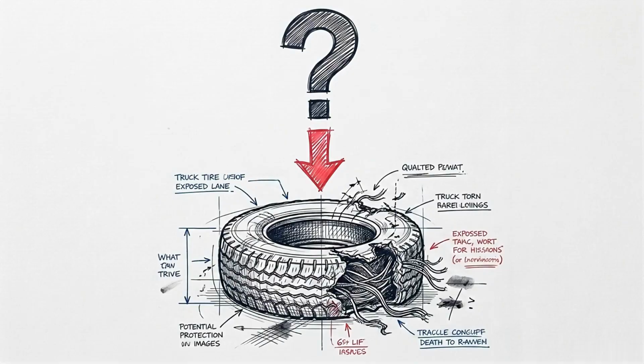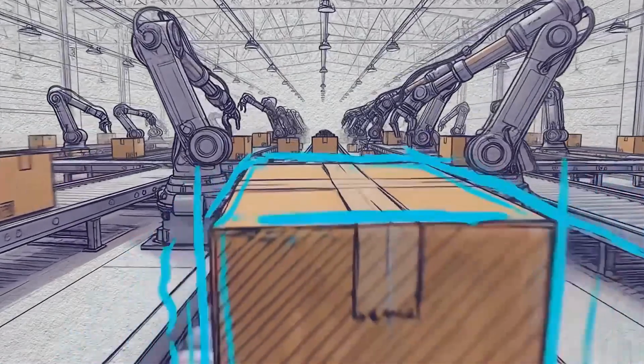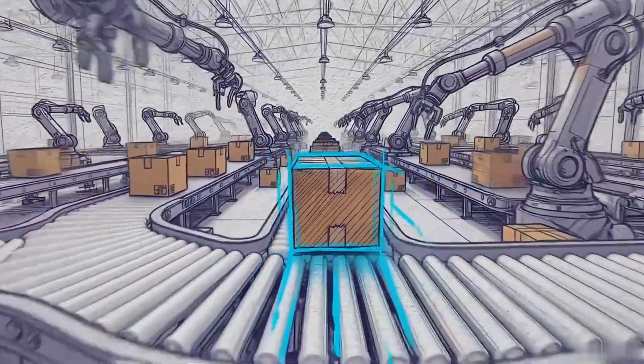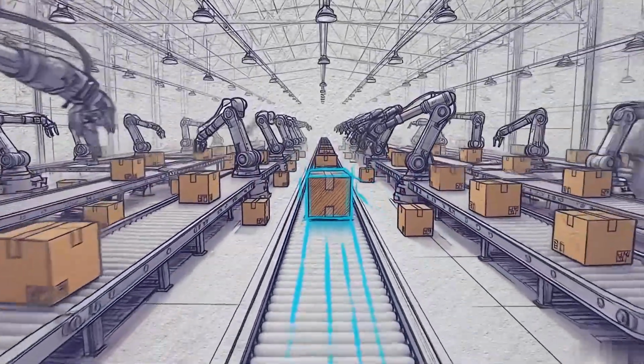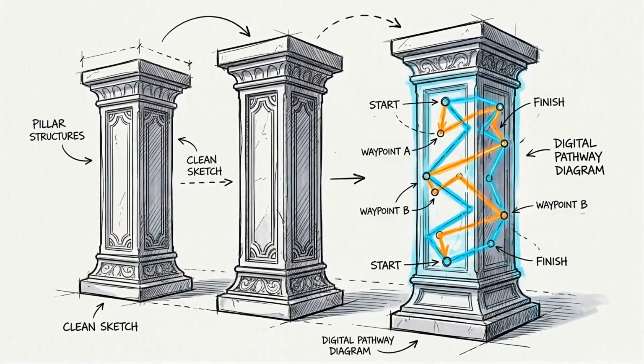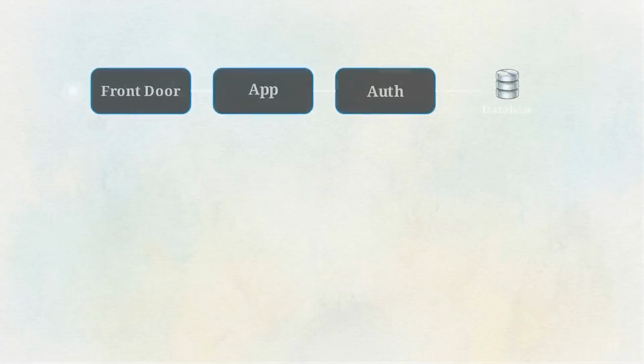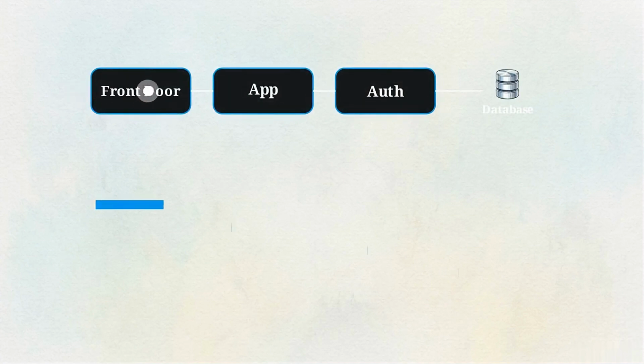Logs answer the question of why a specific failure happened, but reading a report from a stranded driver still doesn't show you the chronological journey of how that package moved through the warehouse hours earlier. To see that full journey, we need the third pillar, traces. A trace is like attaching a highly detailed GPS tracker to one specific individual package. A trace follows the exact path of a single digital request.